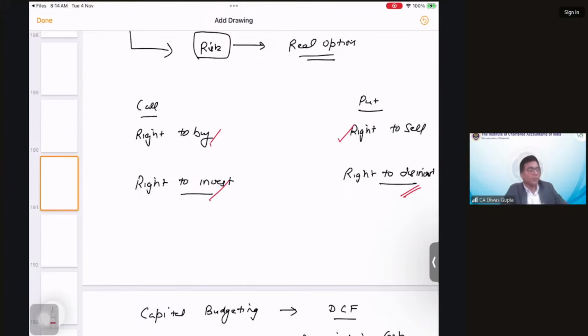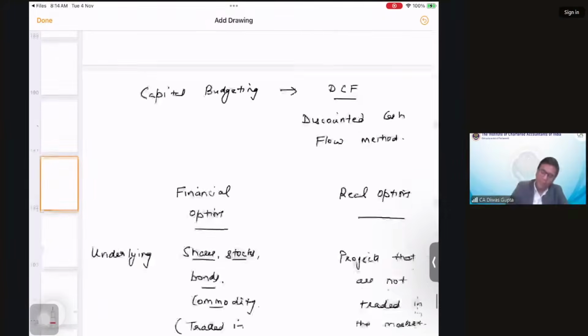But you will also evaluate other options, right? So there can be one option that instead of 5 years you should disinvest in 6 years. If you purchase this, you will have a put option, that means you have a right to disinvest after 5 years or 6 years, the way you want to decide.